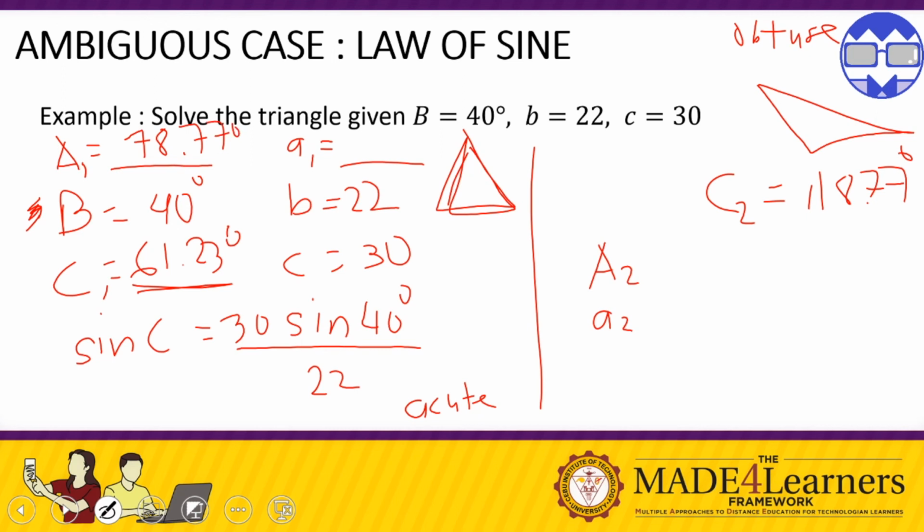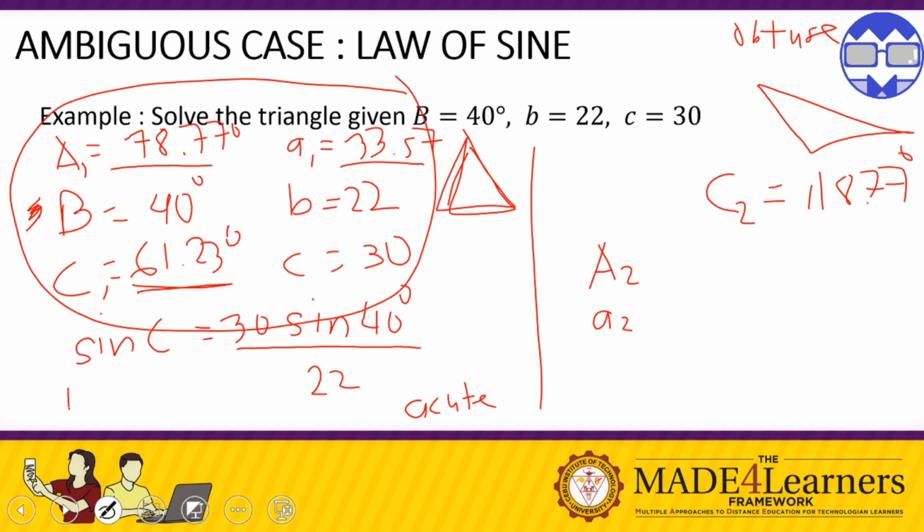Then solving for small a sub 1, using b, we have 22 sine of 78.77 divided by sine of 40. So a sub 1 is 33.57. This is the first solution.